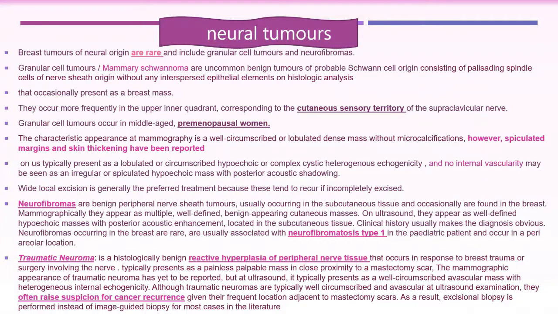This is a reactive hyperplasia of peripheral nerve following injury, usually associated with a post-surgical scar, and it often raises suspicion of recurrence, especially after wide local excision or even mastectomy. So we have to think about it in the differential diagnosis of lesions at scar sites.